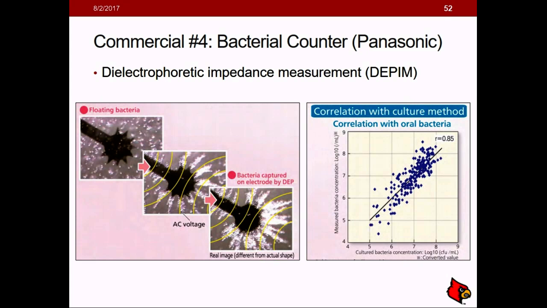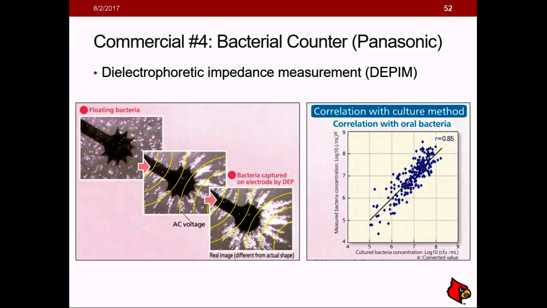Another commercial application, by Panasonic, is a combination of dielectrophoresis with impedance spectroscopy. There's bacteria floating in your system, they trap it using positive dielectrophoresis, and then use impedance spectroscopy to determine how many bacteria are present.